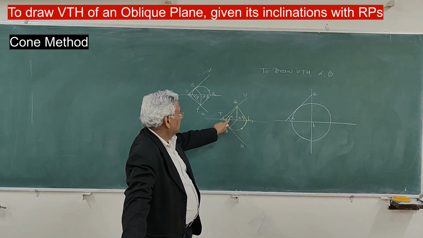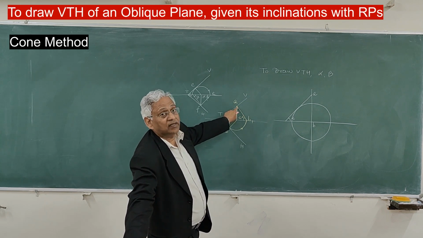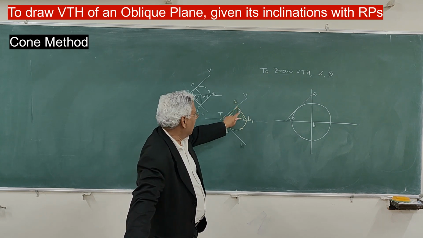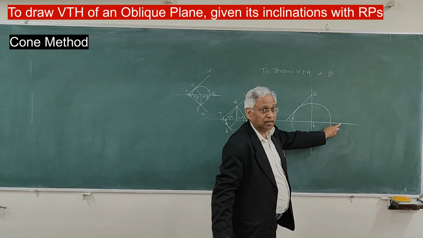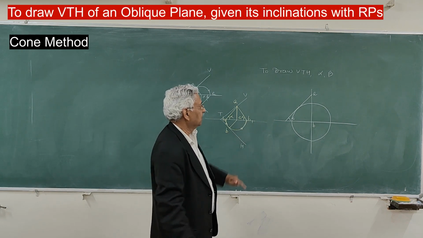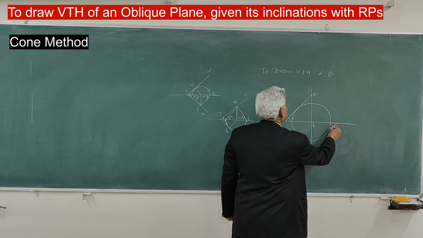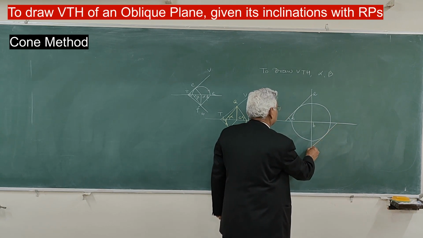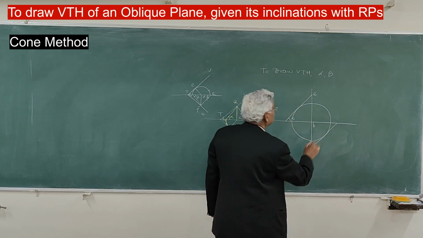This angle is alpha, so this alpha takes you to the vertical plane, and this is the radius of the lower semicircle. Draw another tangent here at angle beta. Let us say this point is E.